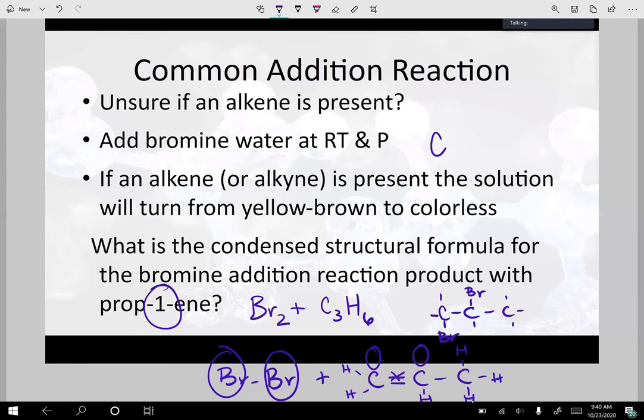How about Lee, would you mind talking us through how to get the answer that you got, just taking this and making it into a condensed structure? Yeah, so you start with the C and then I did H2. Yeah, those two, good. And then Br, which is right underneath. Nice. And then CH. Awesome. And then the second Br. Excellent. And then CH3. Awesome.